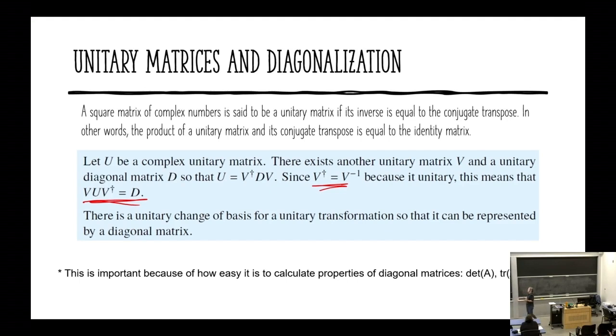So this is saying that there's a unitary change of basis for a unitary transformation so that it can be represented by a diagonal matrix, which is handy because of all these useful properties of diagonal matrices that we talked about earlier.